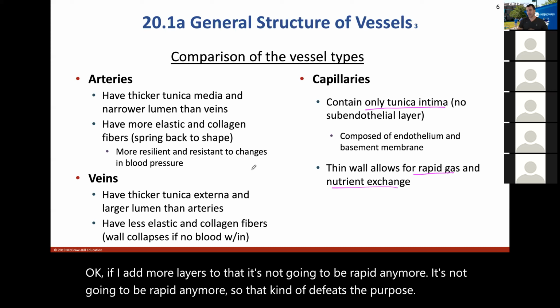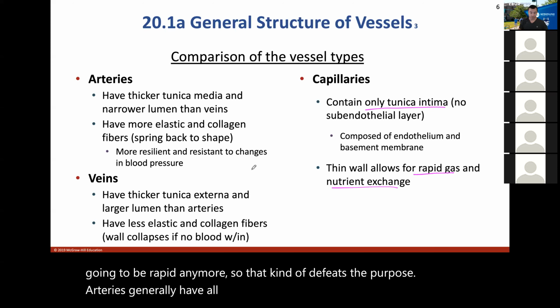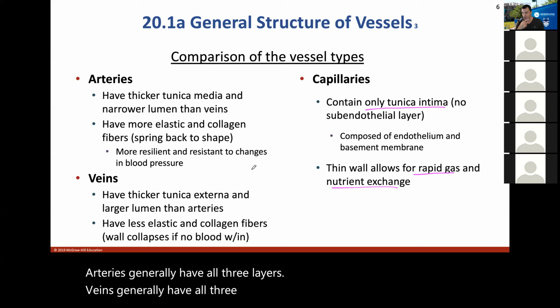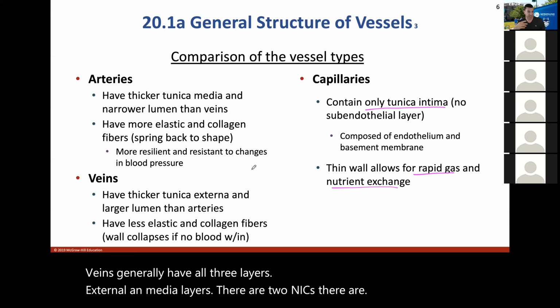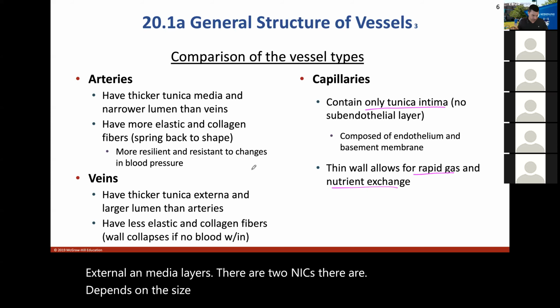Arteries generally have all three layers. Veins generally have all three layers. How much externa and media there are depends on the size of the artery or the vein.